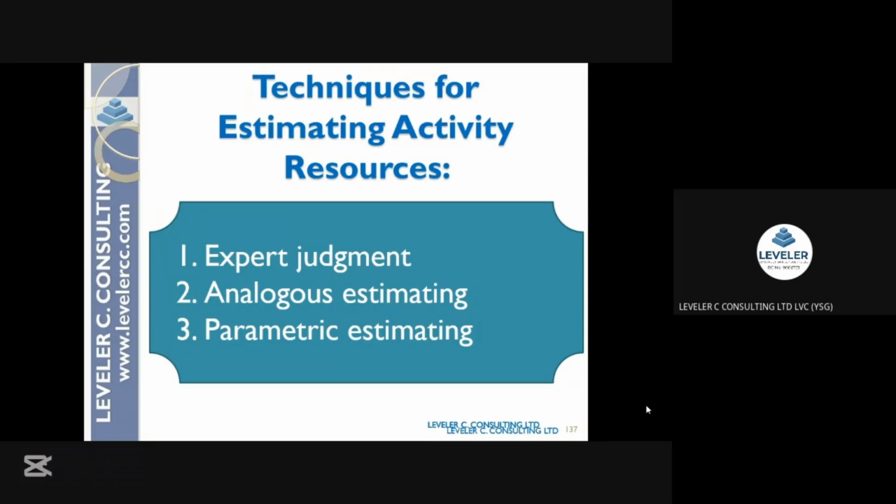Yes, you can use analogous estimating in resource planning. There are 3 estimations you are going to do: estimate activity resources, estimate duration, and estimate activity cost. Now, all of these estimates are at the activity level. Why not estimate scope? Why not estimate work duration? Why not estimate cost?